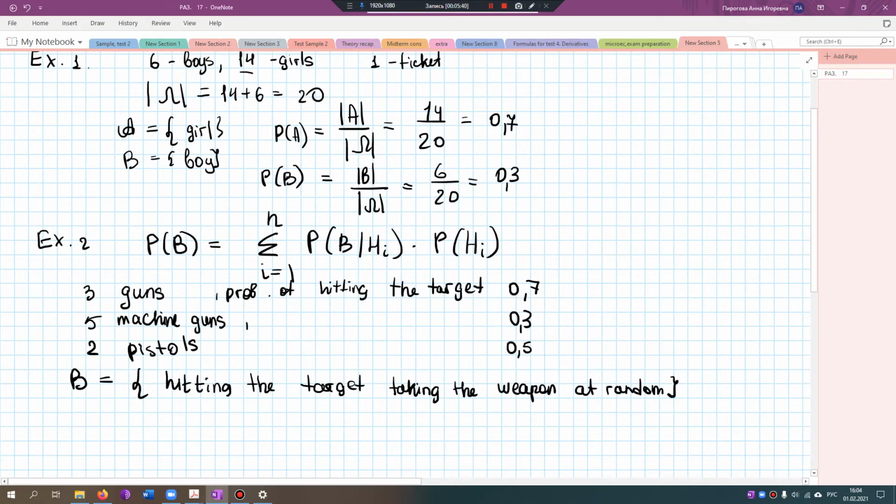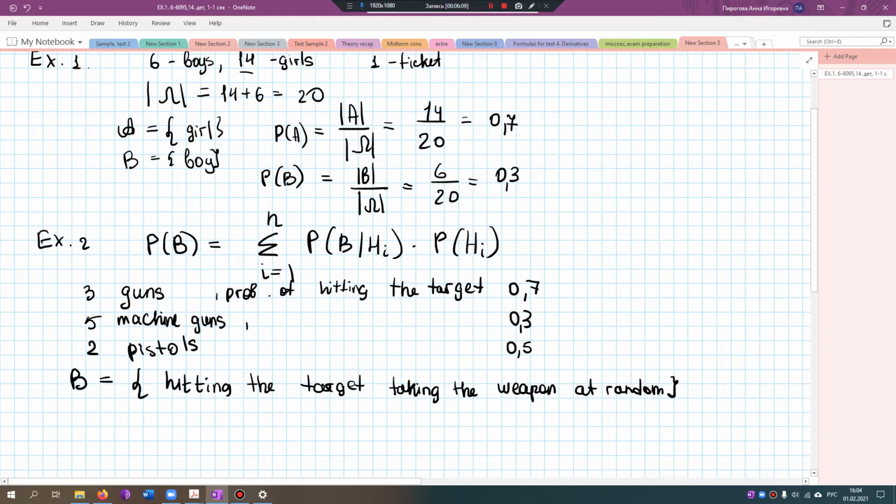So how do we know that we need to apply the total probability formula here? As you can see, we have three different, so to say, parts. We have guns, machine guns, and pistols, and we have different probabilities assigned to them.